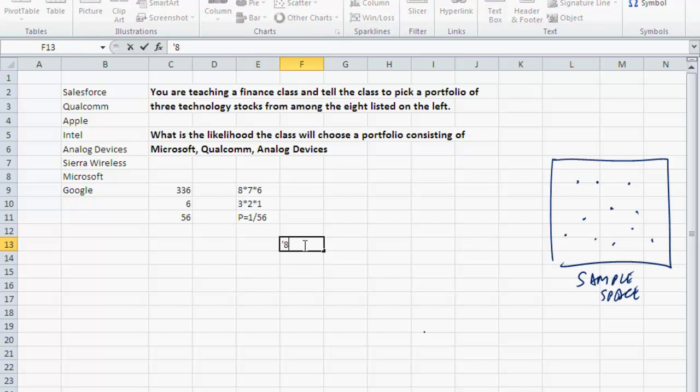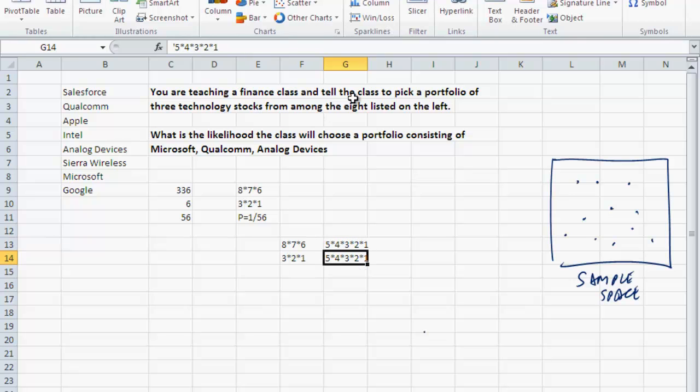I'm going to take 8 times 7 times 6, and multiply it by 5 times 4 times 3 times 2 times 1, and in the denominator I had 3 times 2 times 1, and I'm going to multiply again by 5 times 4 times 3 times 2 times 1.